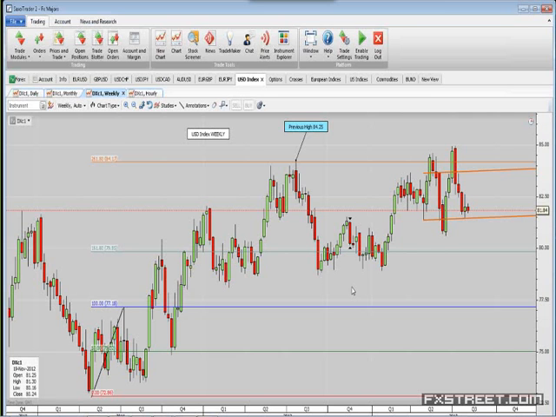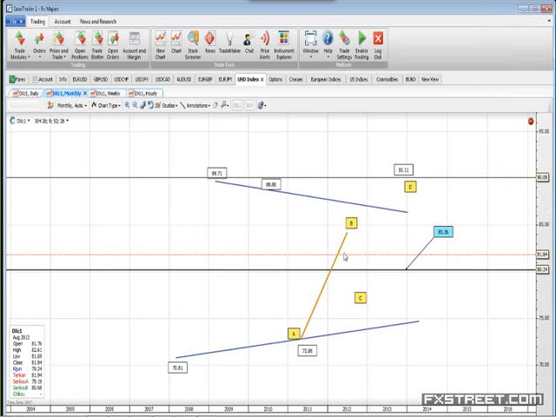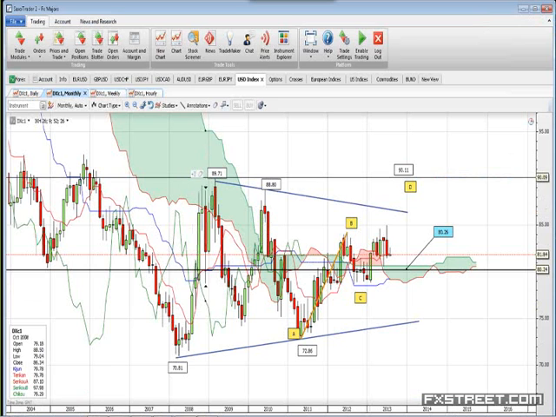But the principle is obviously if you're underneath the cloud and you've got deep cloud cover, in other words, the cloud is deep, and you know there's a lot of resistance to the upside. Okay, once the cloud turns thin, there is very little support and resistance because it can quite easily be broken. Okay, so that's the first principle.